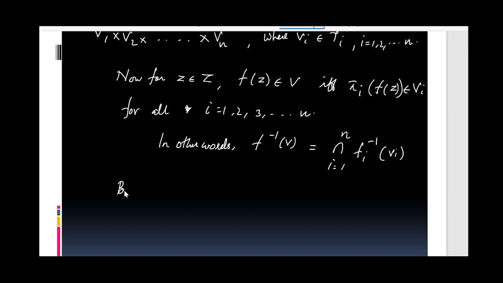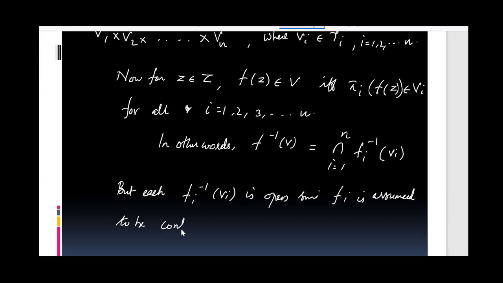But each fi inverse of Vi is open by assumption, since fi is assumed to be continuous.